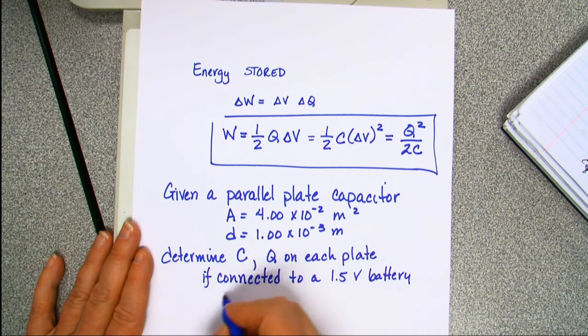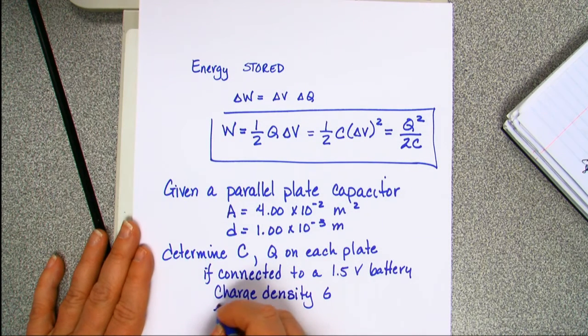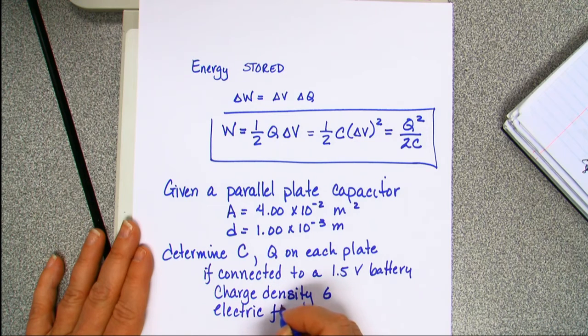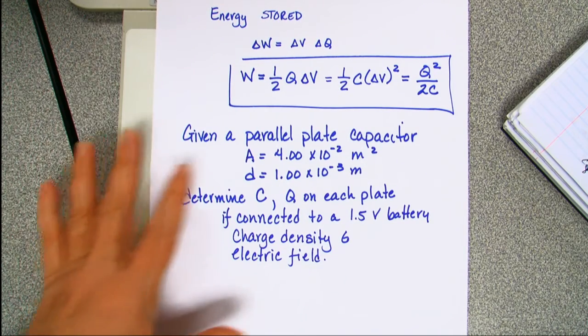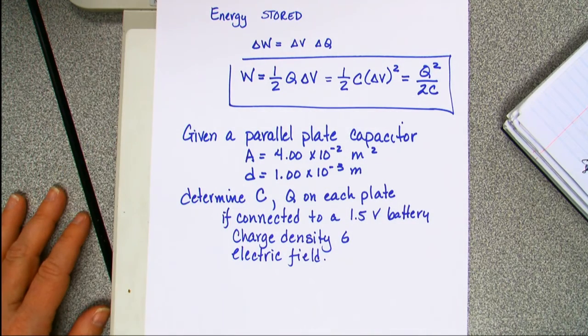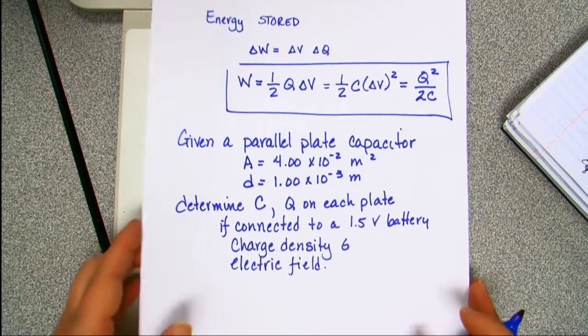We want to determine the charge density, our little sigma, and the electric field. So we're going to use a parallel plate capacitor, we're given that information, and we want to calculate a bunch of information for it.